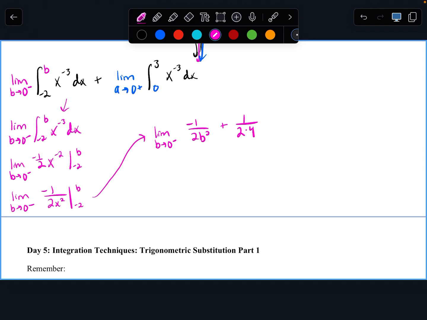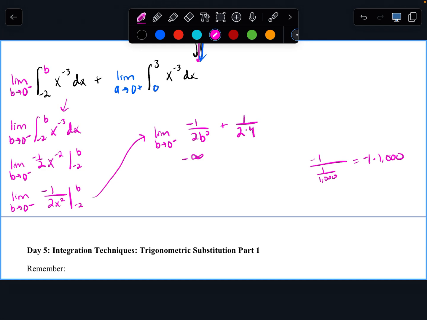If I plug in 0, I'm plugging in a number that's super tiny. Think about it: if you did 1 divided by 1/1000th, wouldn't that be negative 1 times 1,000? So it gives you a big number. Yes, you guys, this is so good.